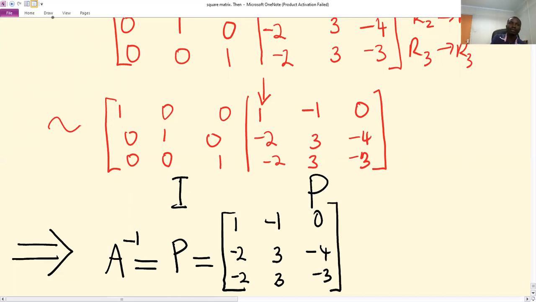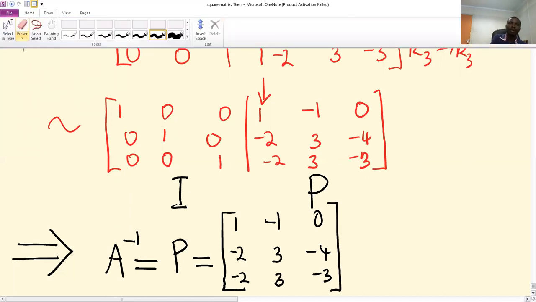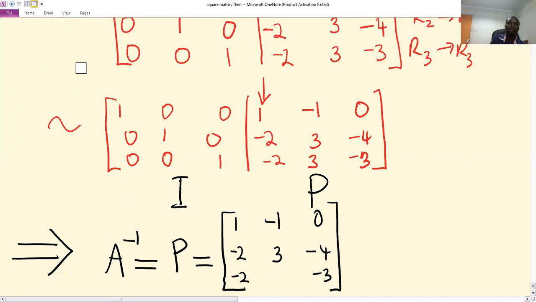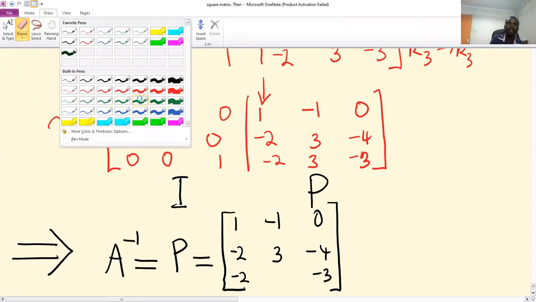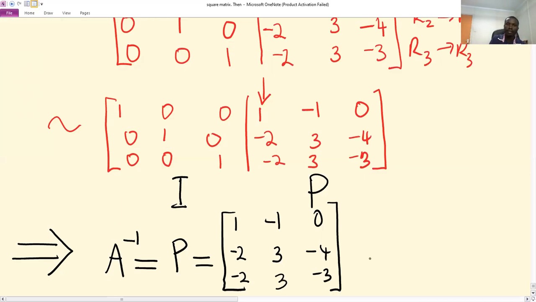So that is how we solve that problem on how to find inverse by row or elementary row operations. So that is the solution. Thank you.